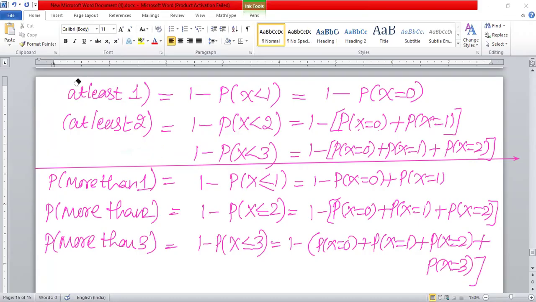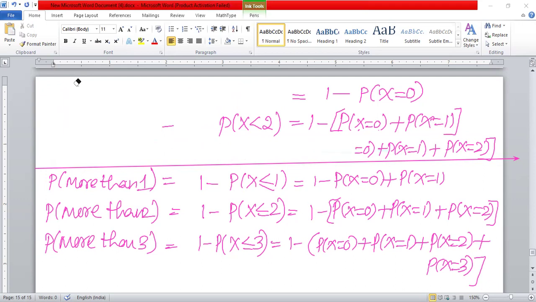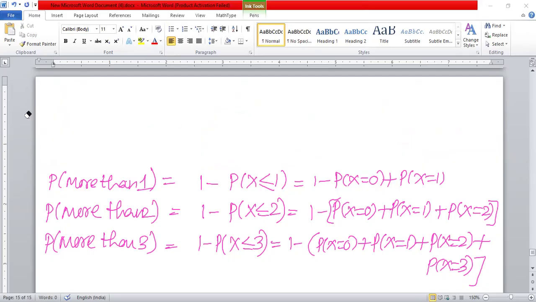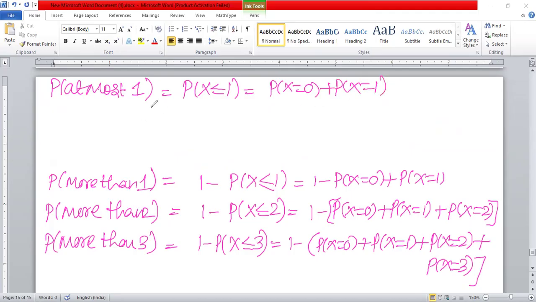The last formula, at most. So the last formula is at most 1, 2, 3. Let's see how it is. The first one, probability at most 1. No 1 minus here, just probability x lesser than or equal to 1, that is equal to probability x equal to 0 plus x equal to 1.